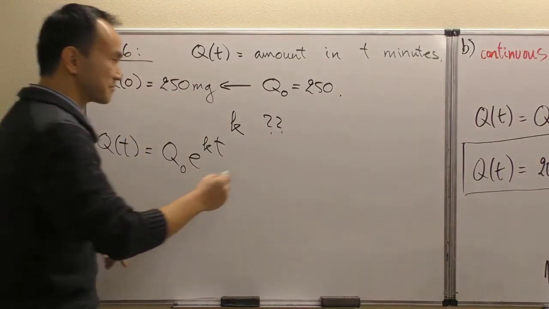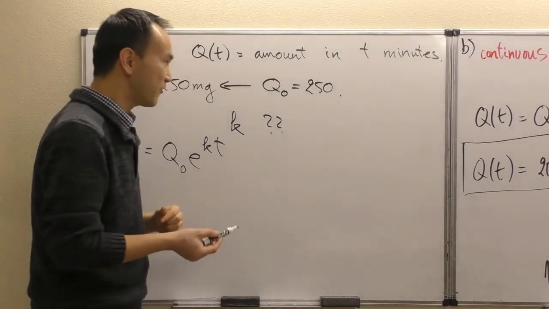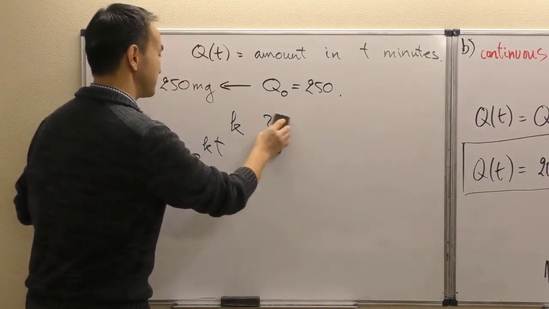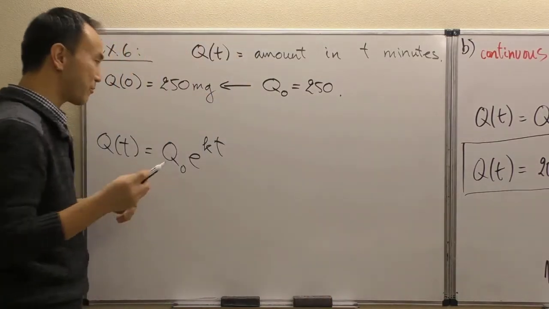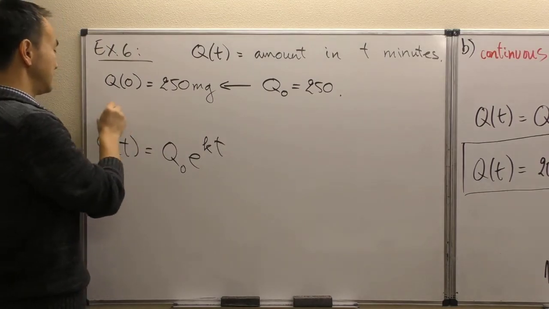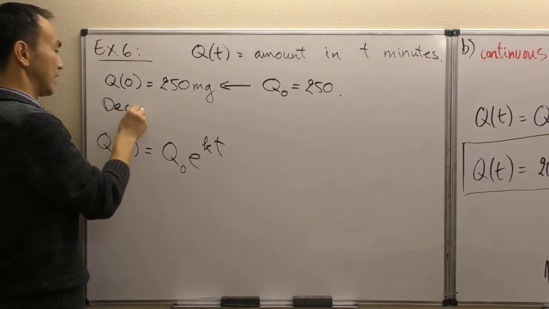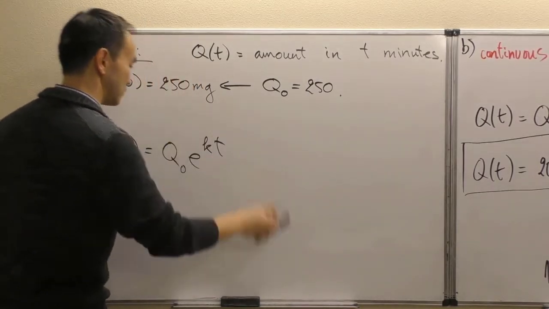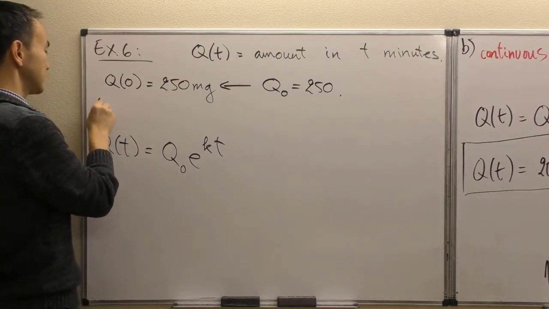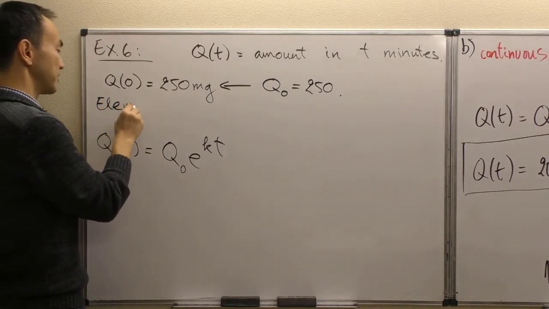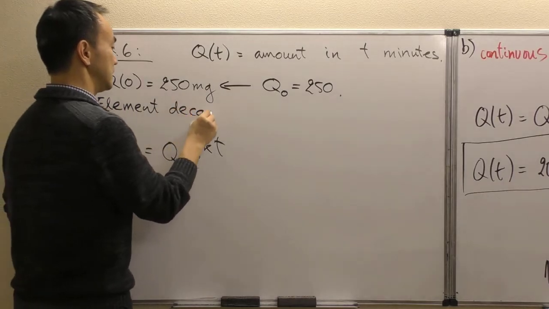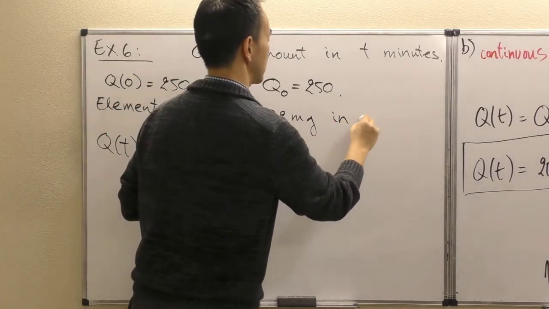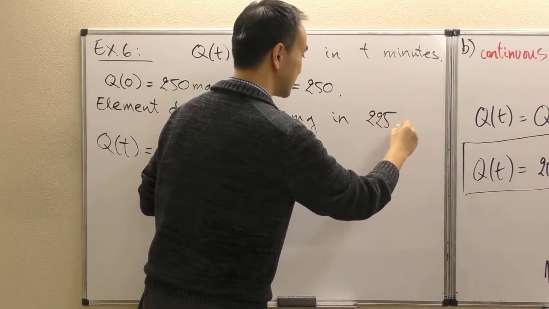And then I just now realized I forgot to put in one piece of information. It was stated according to this information that the element decays to 32 milligrams in 225 minutes.